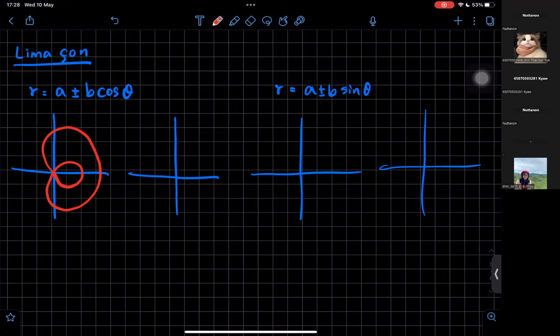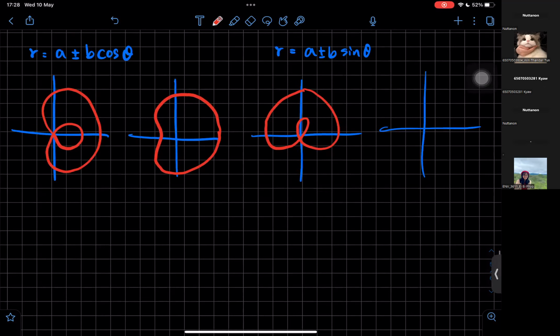And for sine it is also the same. Like this. And another one is going to be like this. Like this. And this one is going to be like this.